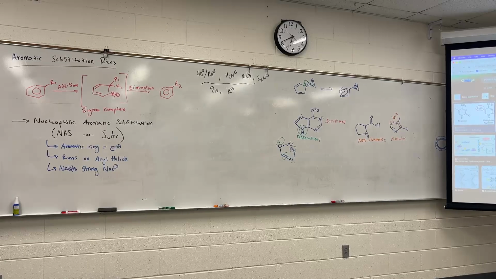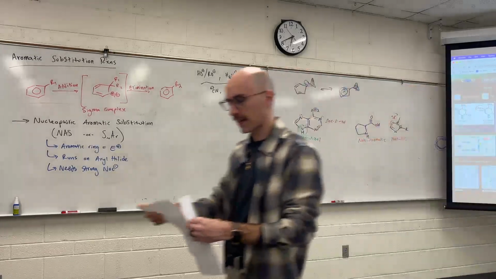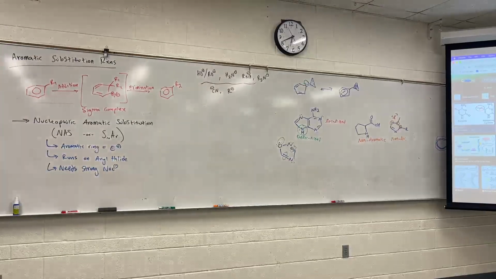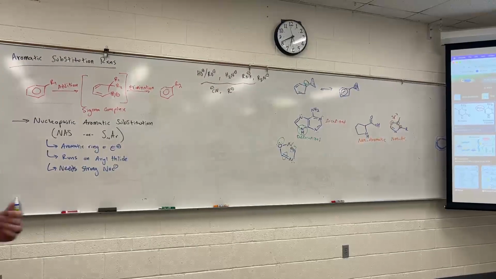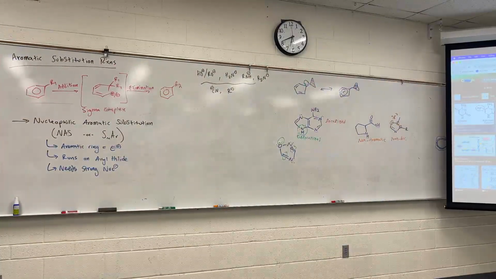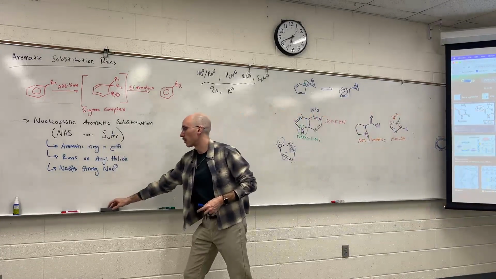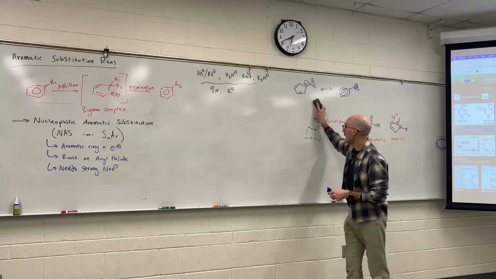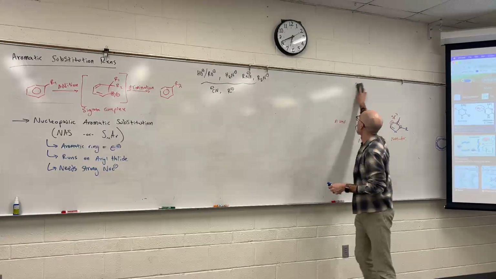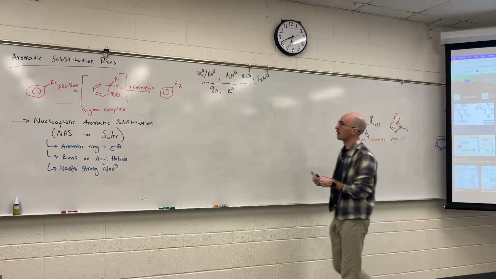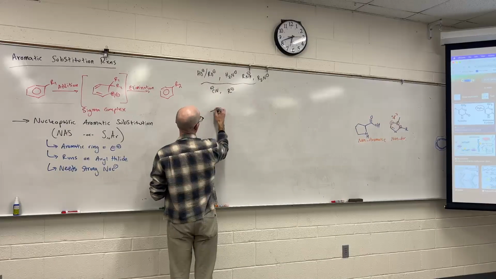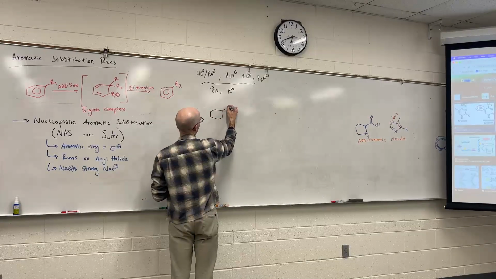At the top of your worksheet, I've got a generic reaction. Everybody got one, right? A generic mechanism that walks us through what needs to happen for NAS. So I want you guys to fill this out with me and fill in what happens with the pi bonds as we go.